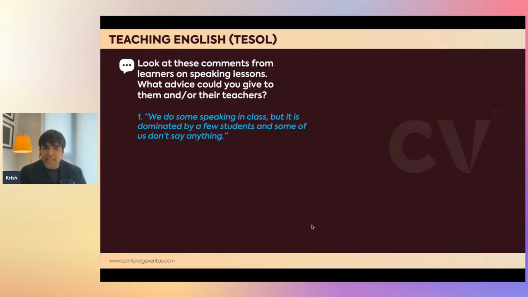Don't you think it is so practical, it happens that there are only one or two students speaking in the classroom and nobody else is participating? And the teachers are also quite fine with it. This student is expressing his or her concern. What is your advice? You can take a moment to type.